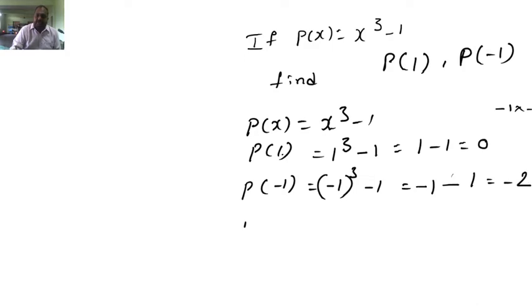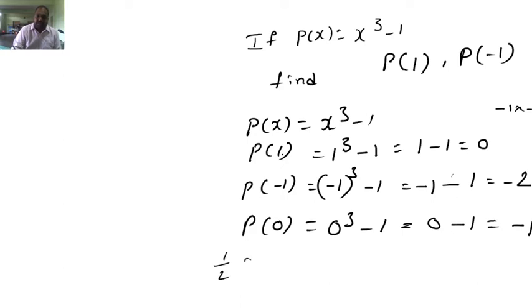What is the value of p of 0? 0 cube minus 1. Instead of x you substitute 0, 0 cube will become 0, minus 1. So the answer is minus 1. So p of 1 value is 0, p of minus 1 value is minus 2, p of 0 is minus 1. Okay. So this is a half mark or 1 mark question.